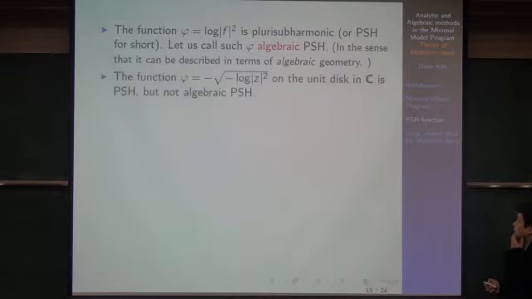This should be considered as a very special one among all PSH functions. A particular example which is not algebraic PSH is this kind of function, which is minus root of minus log |z|^2. And not just because it looks like this, there's a reason why this is not algebraic PSH.